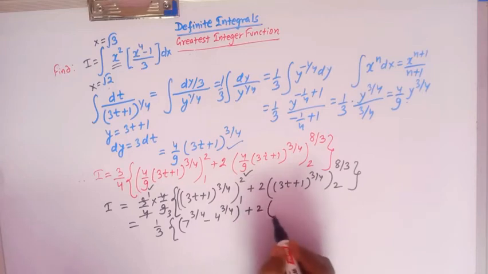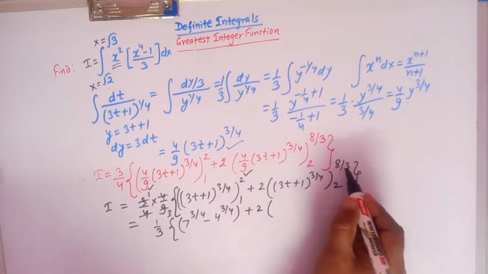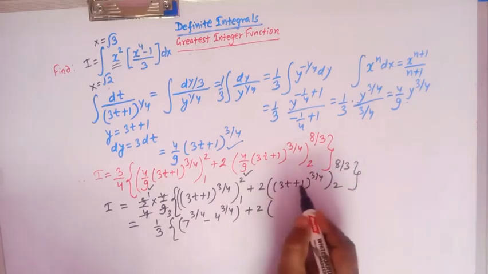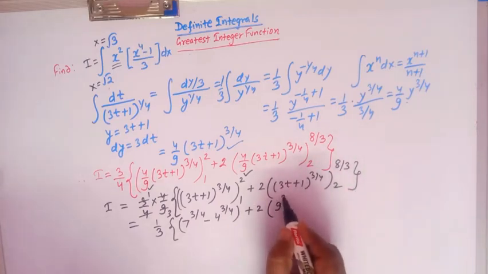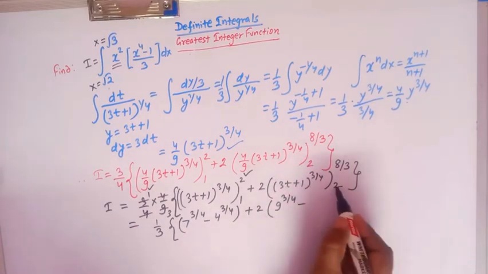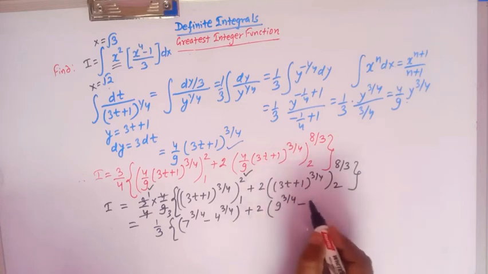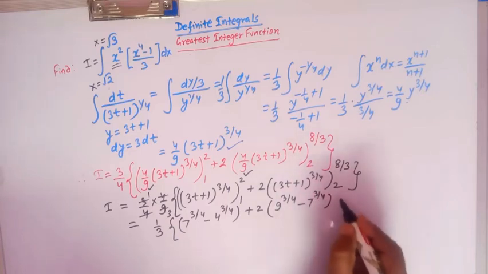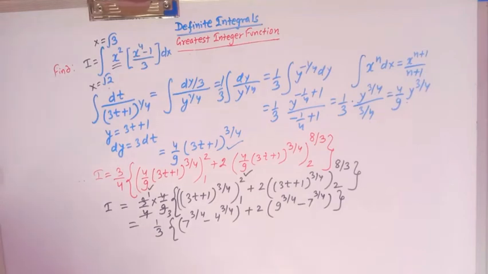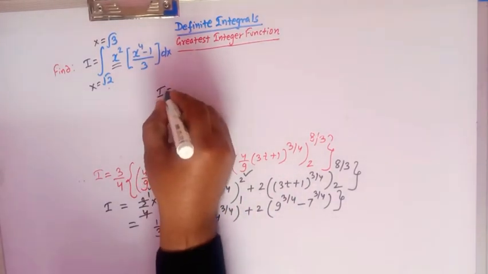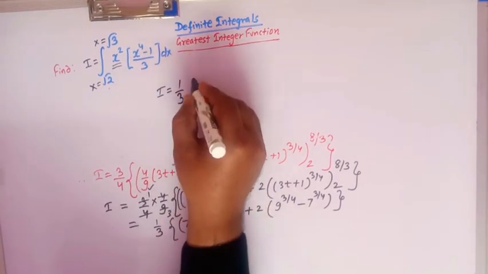And here we have t is equal to 8 over 3, so we have 3 and 3 get cancelled, 8 plus 1 is 9, so 9 raised to 3 over 4 minus, we have t is equal to 2, so 3 2s are 6 plus 1 is 7, and here we have 7 raised to 3 over 4, right? Okay, so now it is easy to simplify this expression, and we have I is equal to 1 over 3.